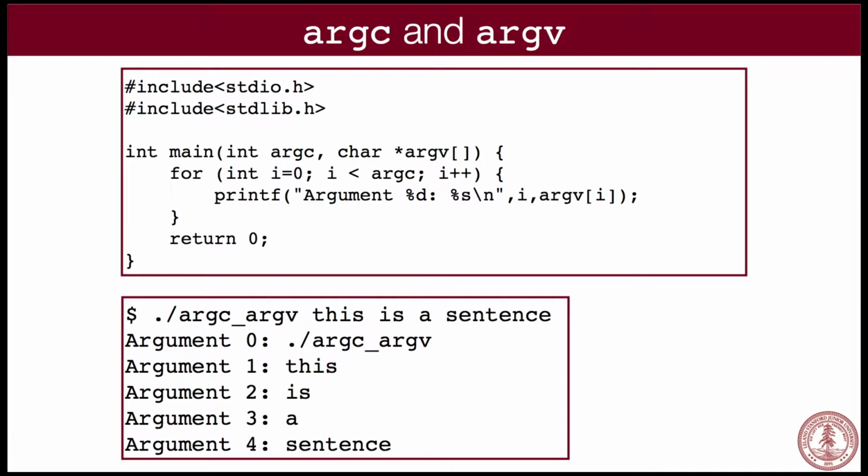The 0th argument is the program name, and then 1, 2, 3, 4 are the various parts. Okay? So you'll see that. And you'll many times ignore that first argument. If I wanted to ignore the first argument here, I would go from 1 up to argc. Easy enough.